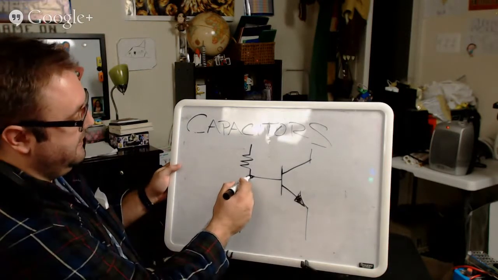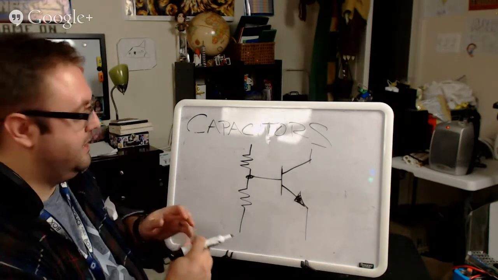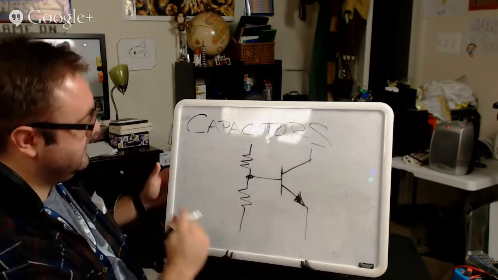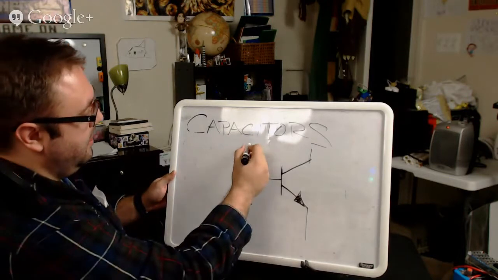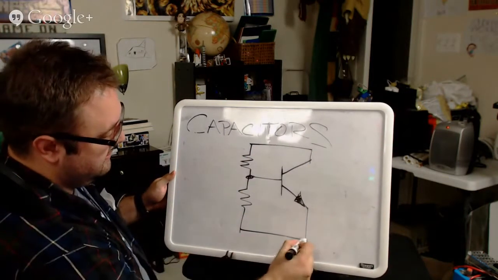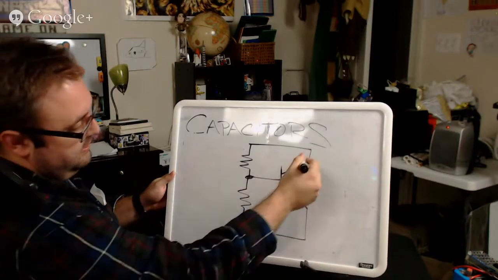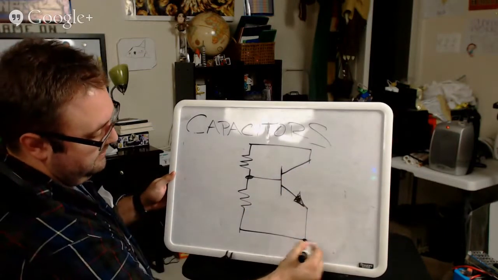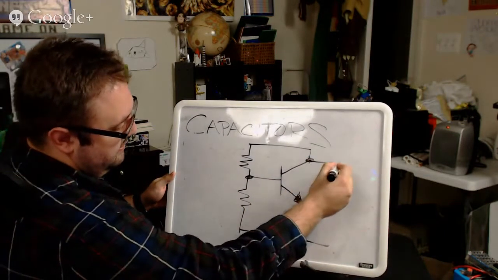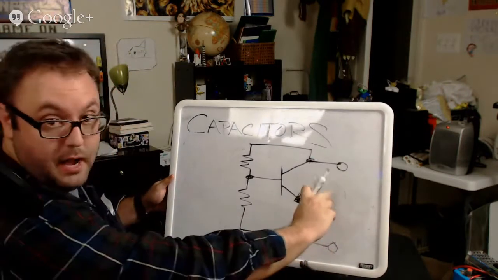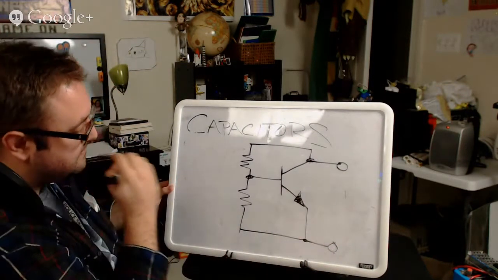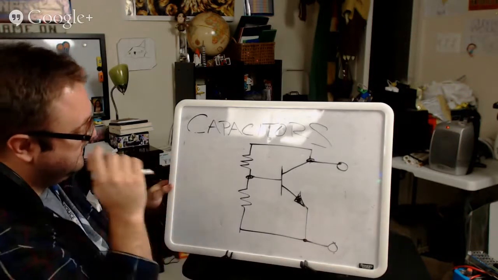The problem is, in an amplifier circuit, you may have many stages of amplification. This would be the input, and then we would tap off here to measure our output voltage. We've got to get our signal in.